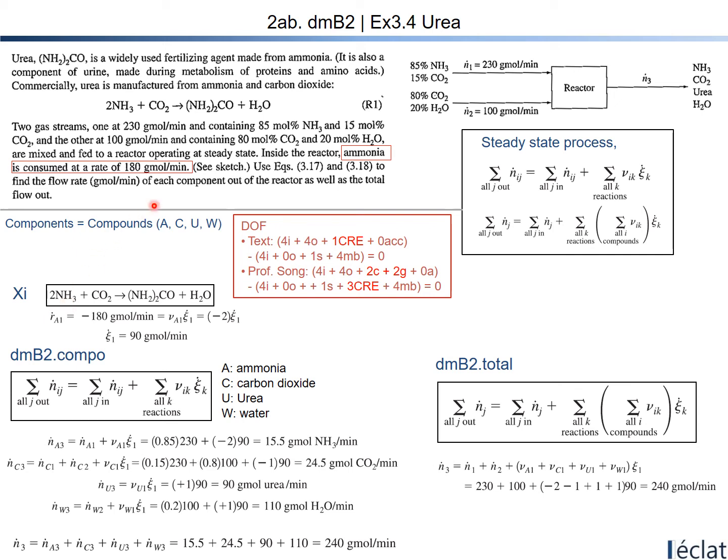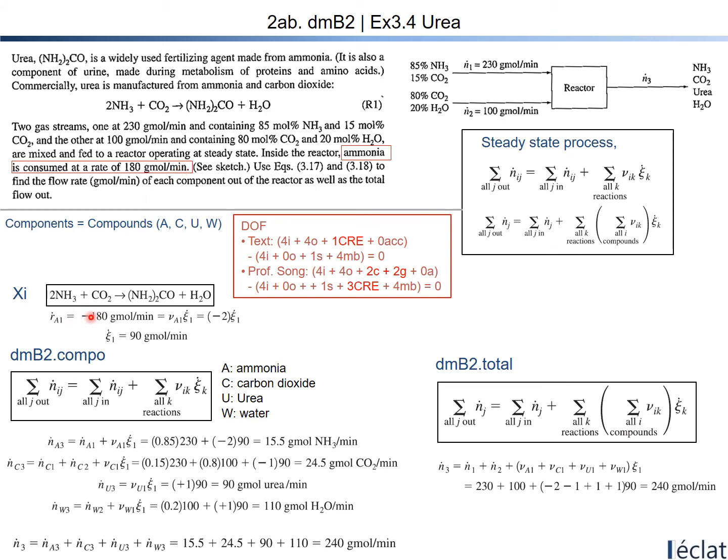What we know is the ammonia consumption rate. So I'd like to convert the reaction rate of ammonia consumption to the extent of reaction. So R dot, I mean molar flow rate, molar reaction rate of ammonia for reaction 1 is equal to minus 180 gram mole per minute, which is given from the text. Why minus?